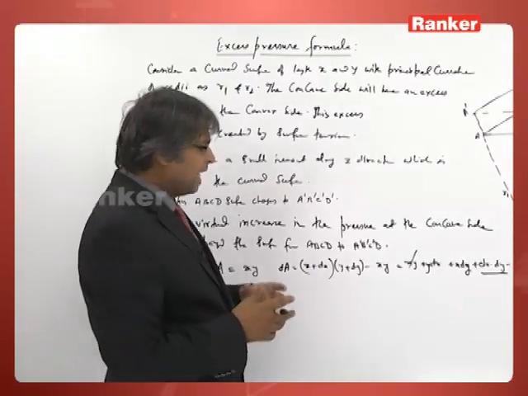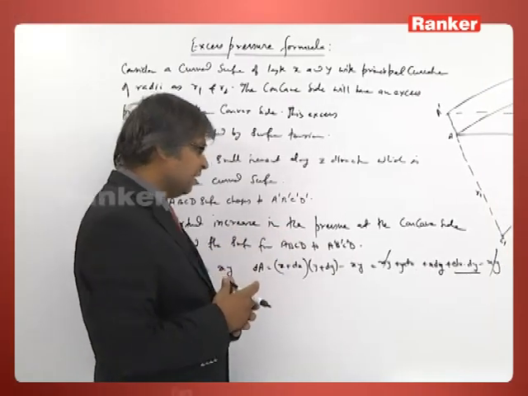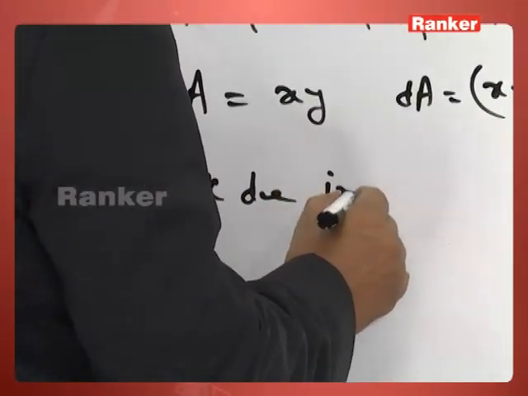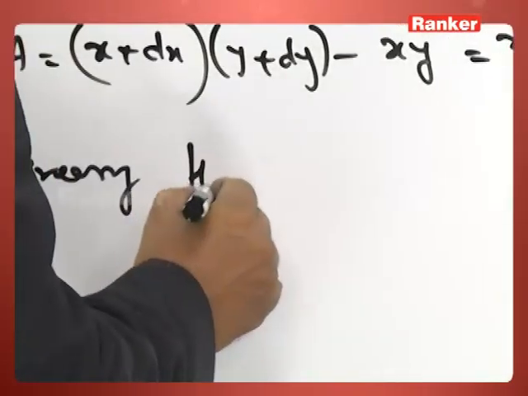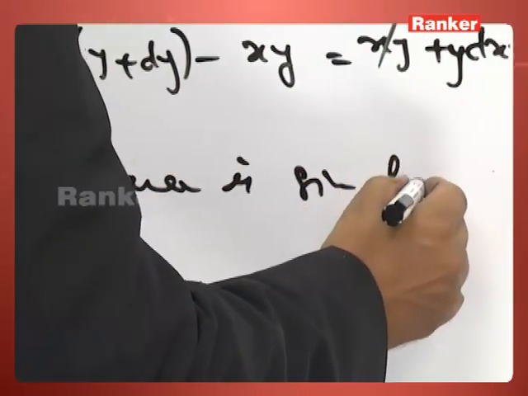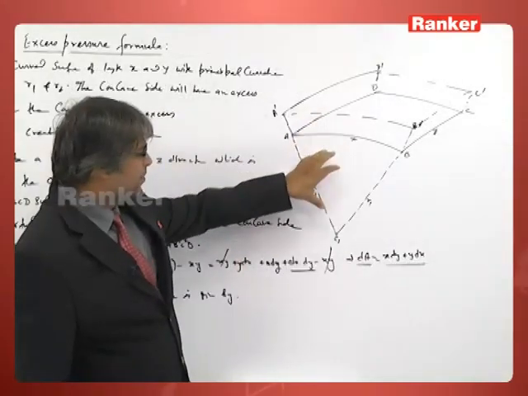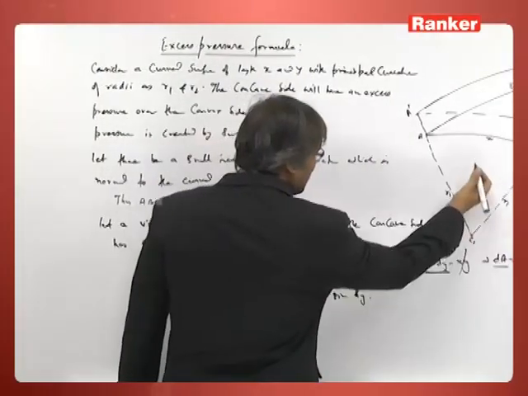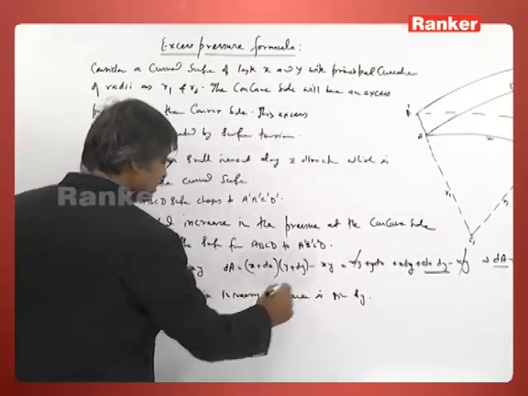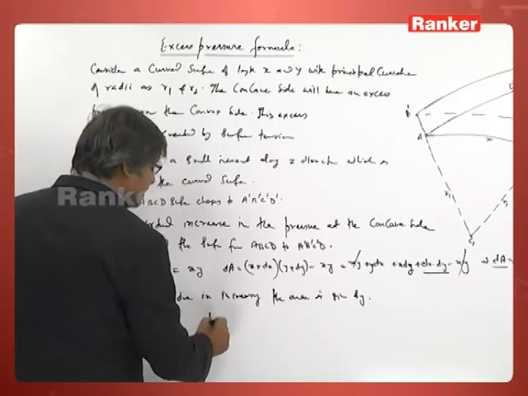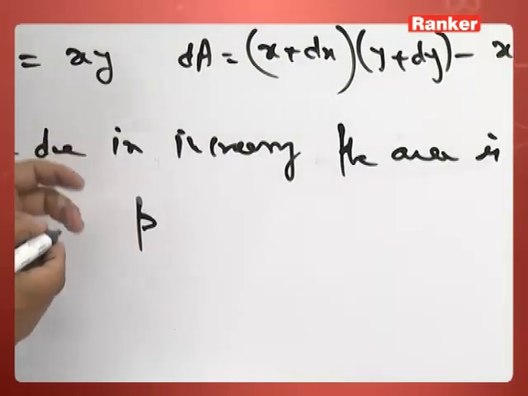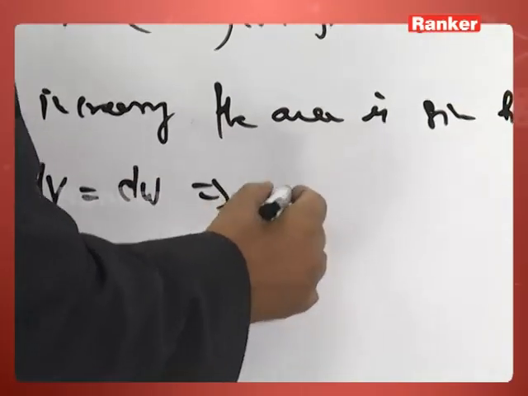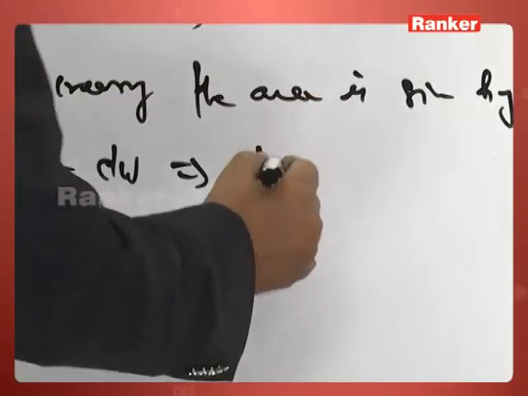So, the work done in increasing the area is given by the unbalanced force, that is P, where P is the excess pressure, into the volume change.